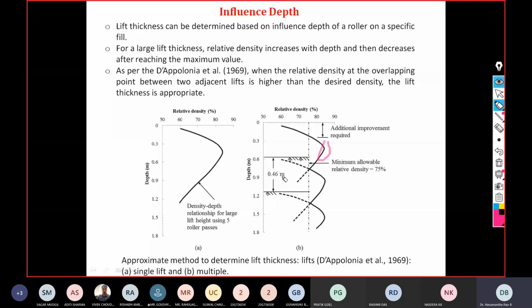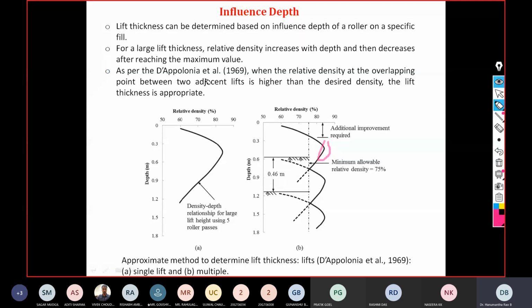So this kind of graph helps to fix the lift thickness as well as to determine the number of passes. People have worked on this kind of approach to determine the lift thickness and the maximum relative density that is going to be achieved in the field.